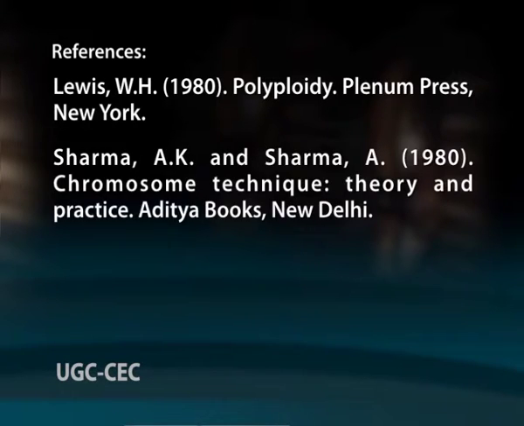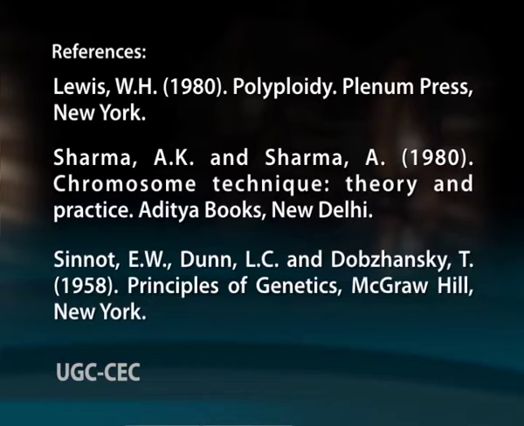A sixth book is Chromosome Technique, Theory and Practice, authored by Sharma and Sharma in 1980, published by Aditya Books, New Delhi. A seventh reference is Principles of Genetics, authored by Sinnott, Dunn and Dobzhansky in 1958, published by McGraw-Hill, New York.